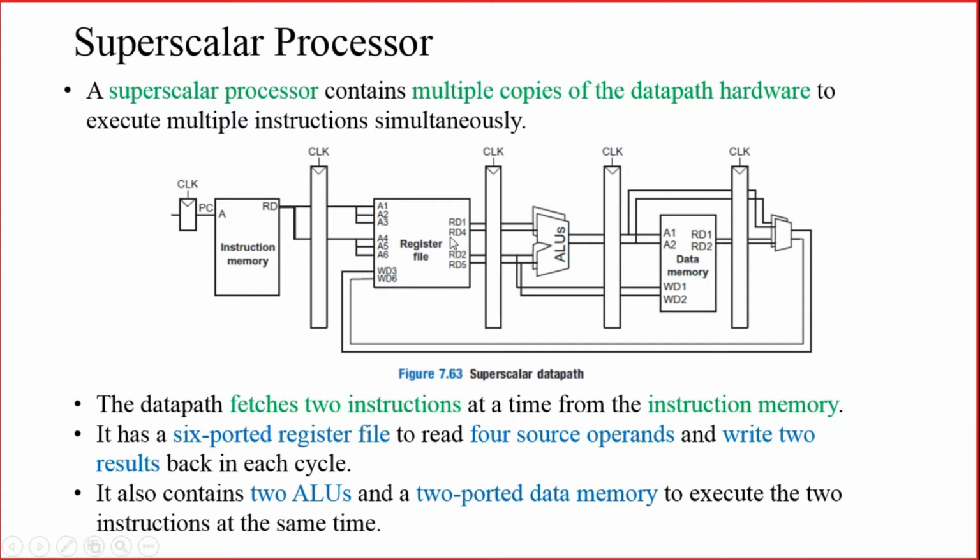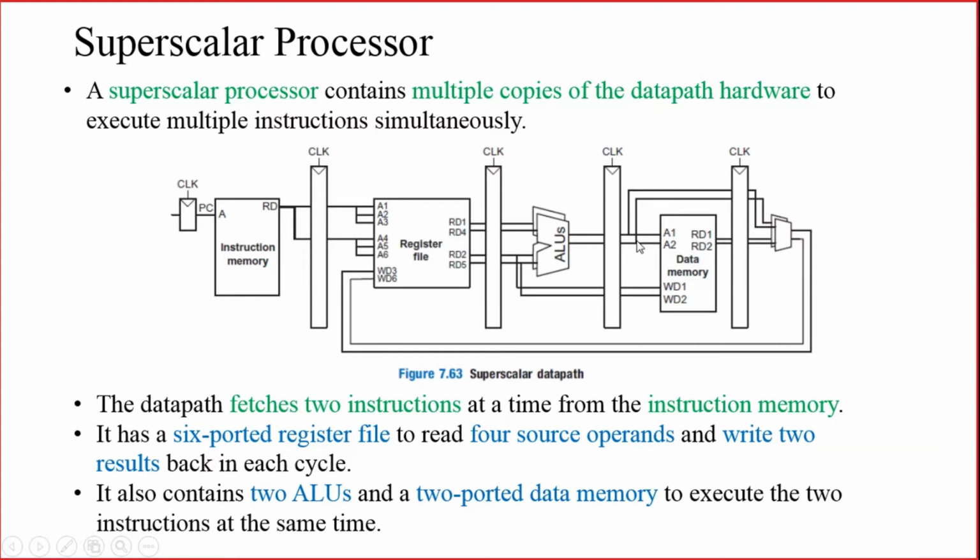From the register file we are taking the instructions to 2 separate ALUs, because 2 separate functionalities have to be done. Finally, the result can be either stored in the data memory or written back to the register file.